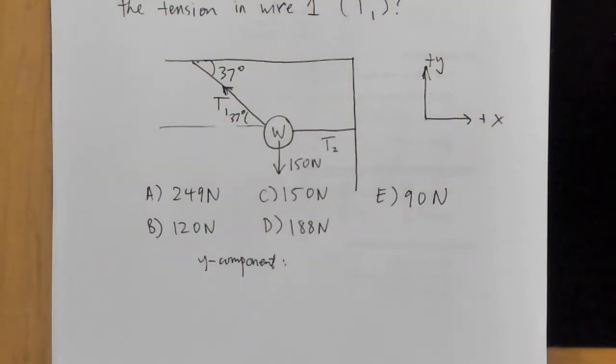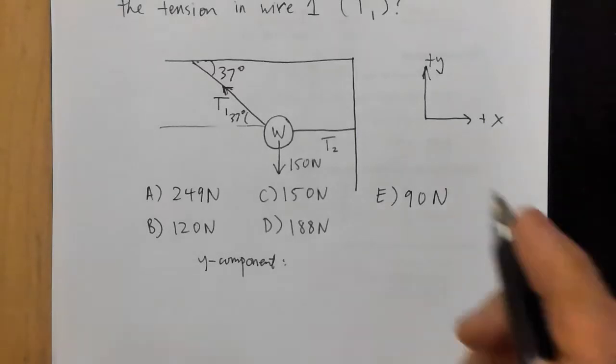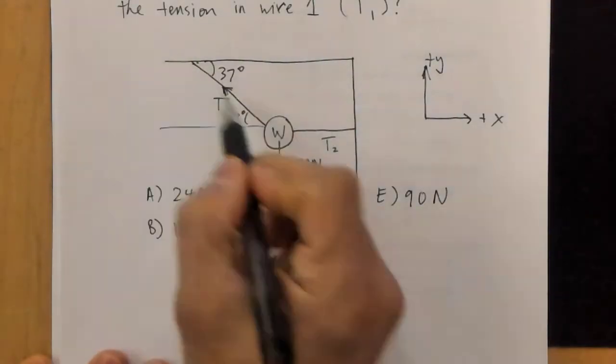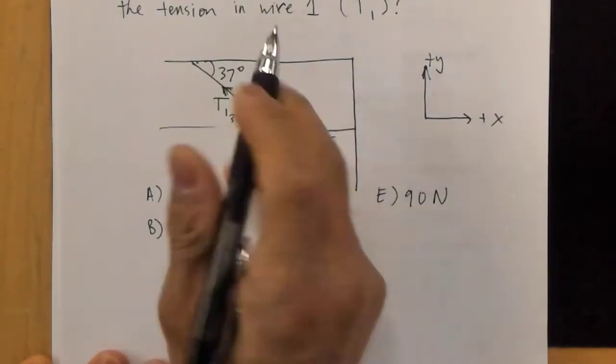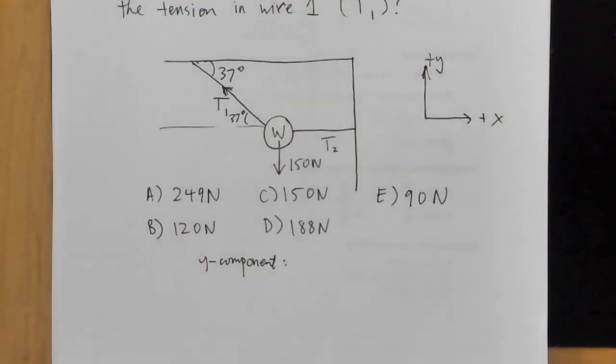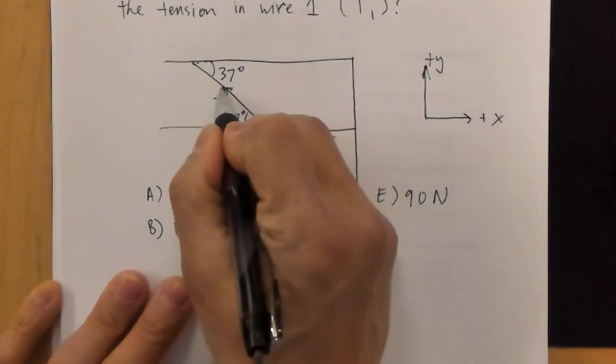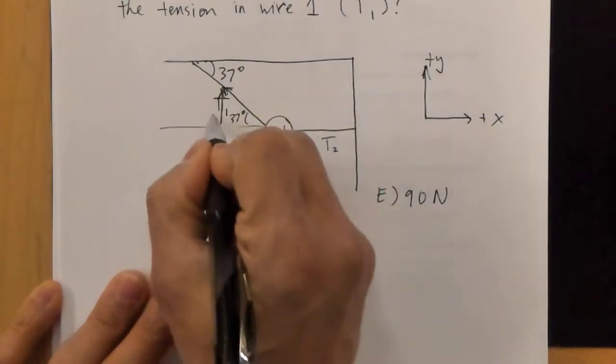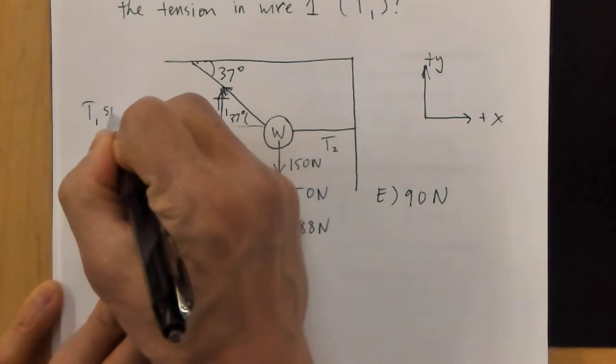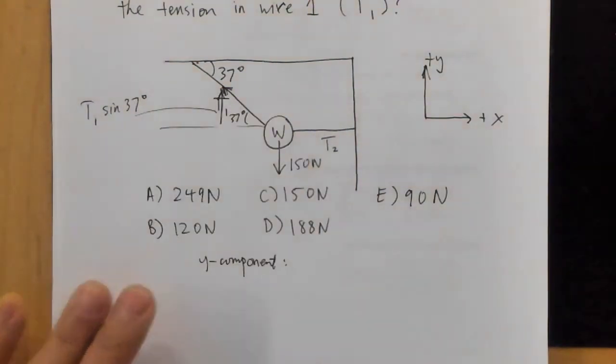If you're not familiar with what I just did, that's the usual thing. You have parallel lines with a line going through them, and alternating interior angles are the same. So I want to get this component here, which will be T1 times the sine of 37.